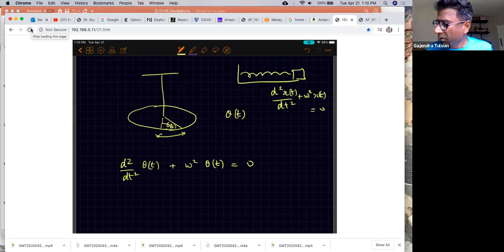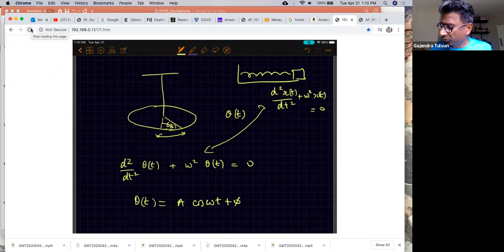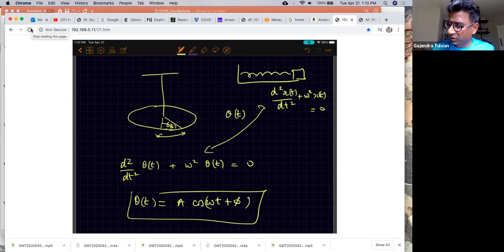And again, theta would be the amplitude times cosine of omega t plus phi, the solution. So this will oscillate just like the mass on the spring will oscillate back and forth.